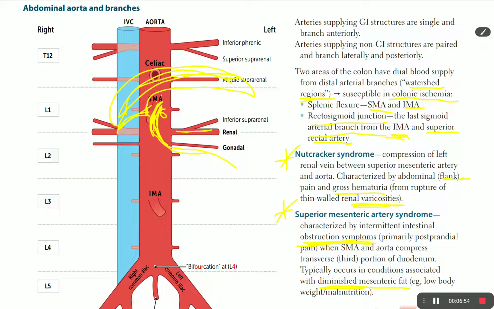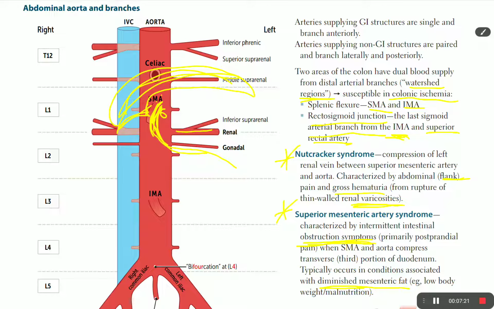But when you eat, you make a lot of bowel movements and need more blood supply to absorb the nutrients. So they're gonna feel like angina, abdominal angina, because it's a little bit of stenosis of the superior mesenteric artery due to losing the mesenteric fat.